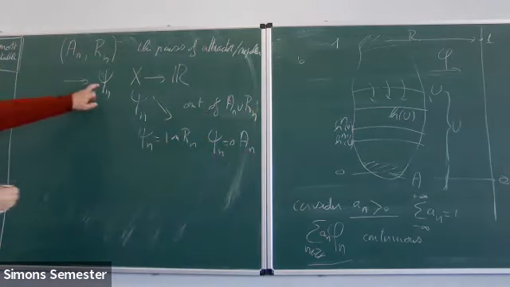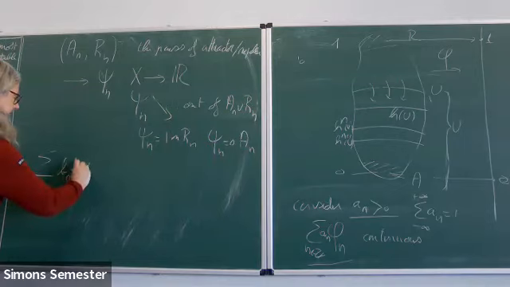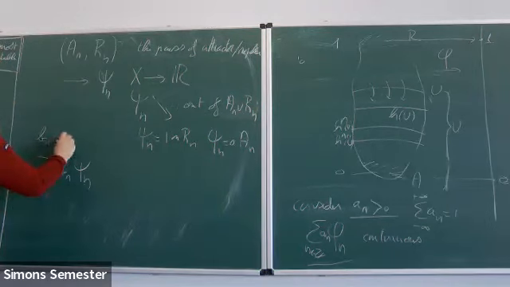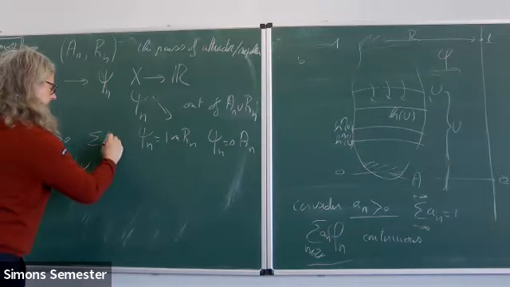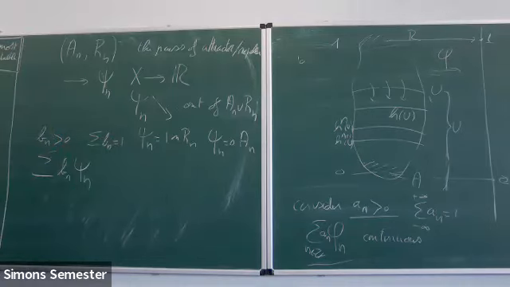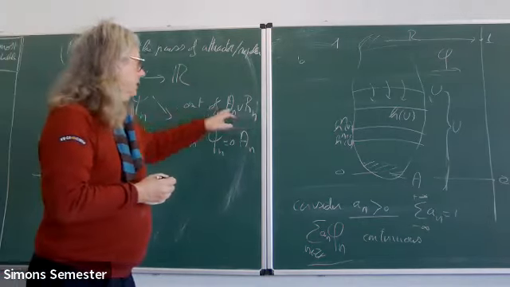Since it is countable, you again can choose a sum of Bn psi n, where Bn is strictly positive. You need that the sum of the Bn is equal to 1. If you make any sum like that, you get a continuous function which will decrease at each point which is not in some of the unions.